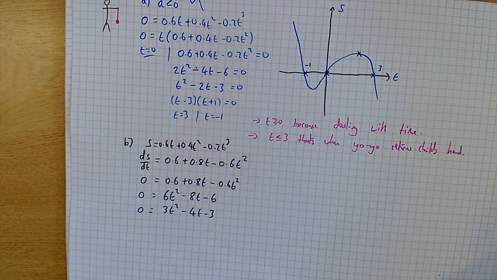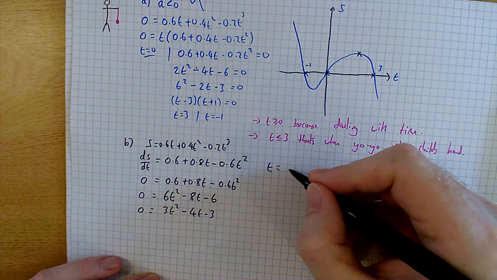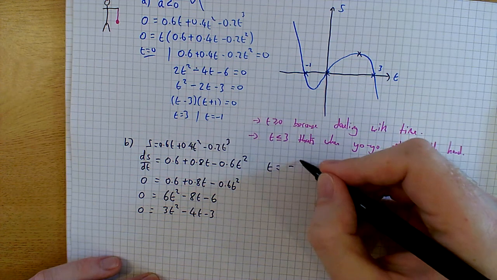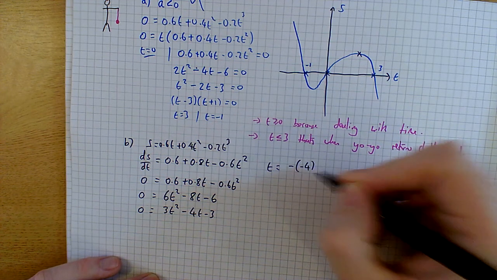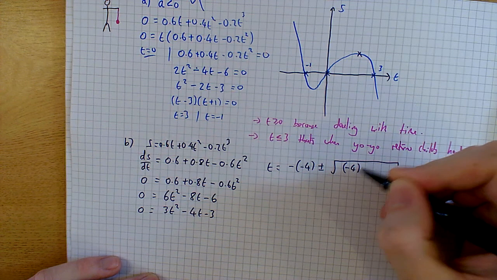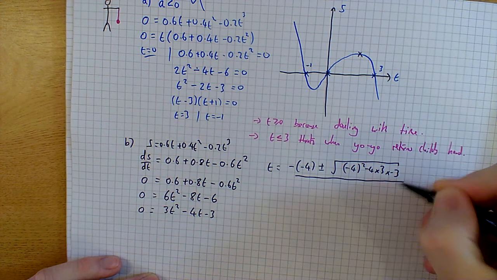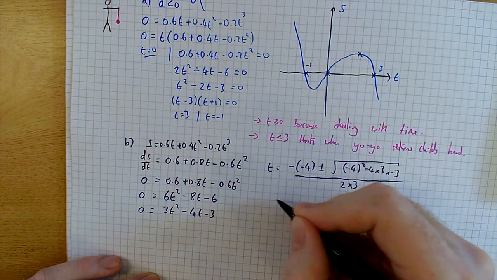Unfortunately, that quadratic does not factorise, so we're going to have to use the quadratic formula. So I pull out the quadratic formula, t equals minus b, that's minus minus 4, plus or minus the square root of minus 4 squared minus 4 times 3 times minus 3, all over 2 times 3.